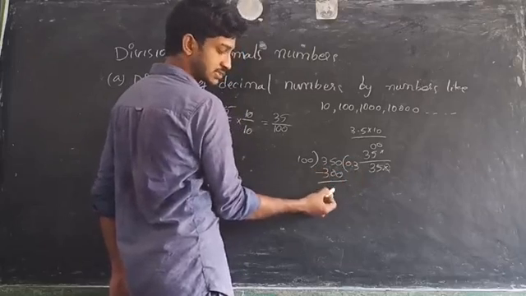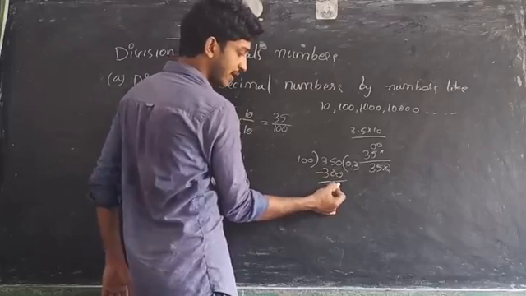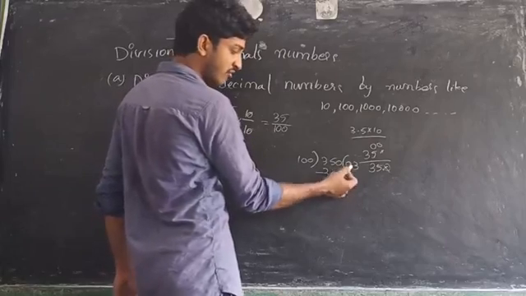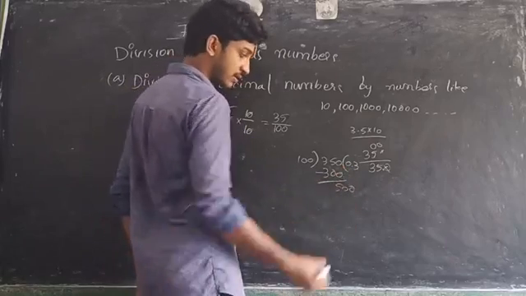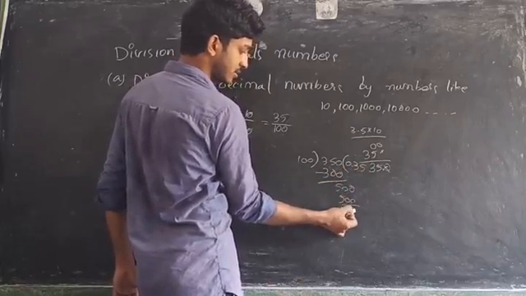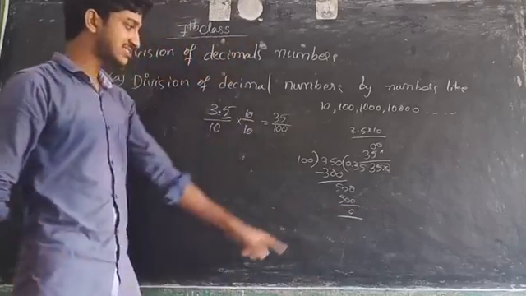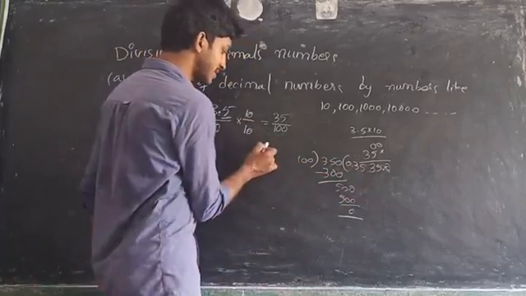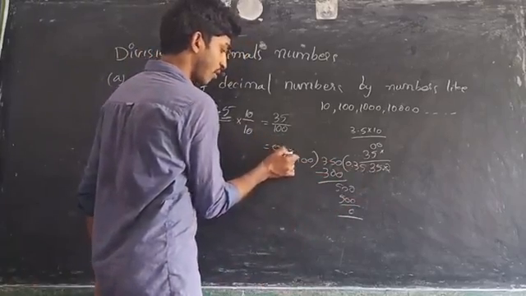Now subtract: 350 minus 300 is 50. After the decimal point we add another 0. 5 times, 500, 0. So the quotient is 0.35. So the answer is 0.35.